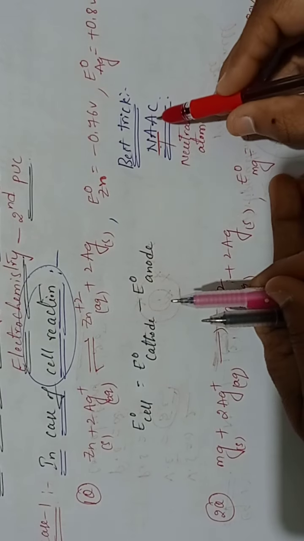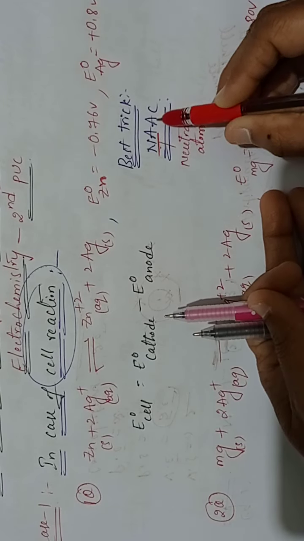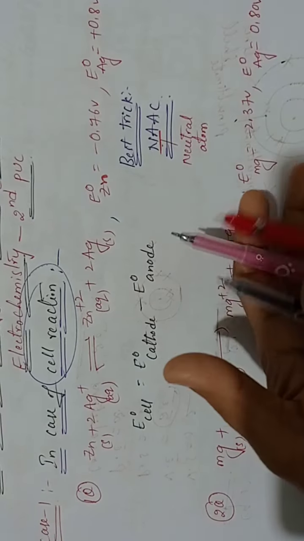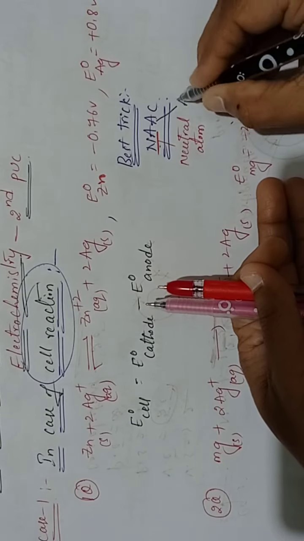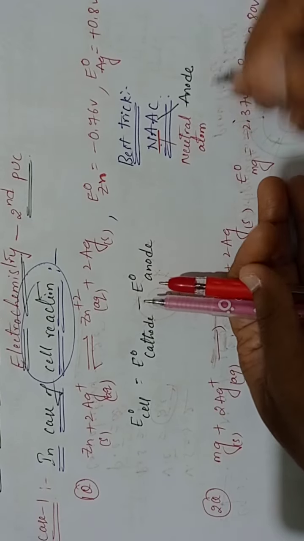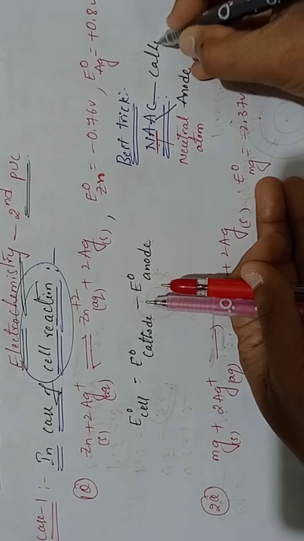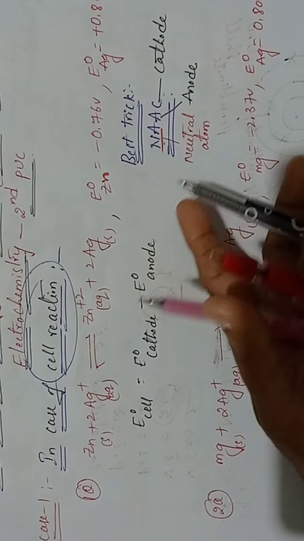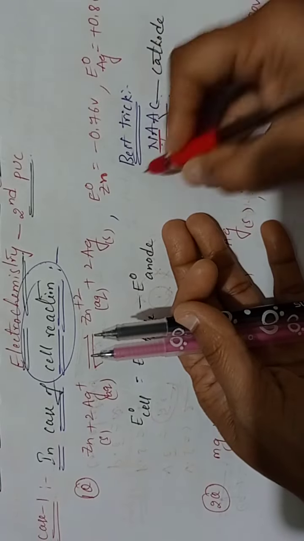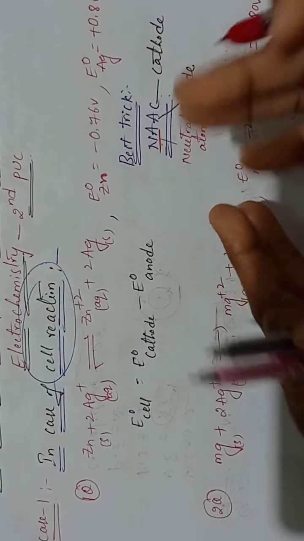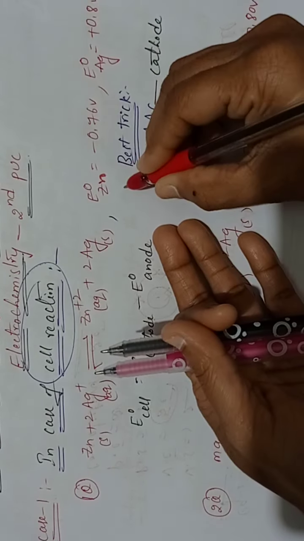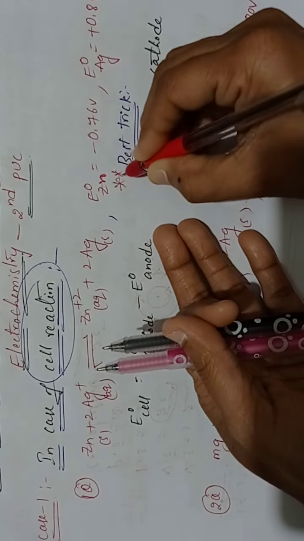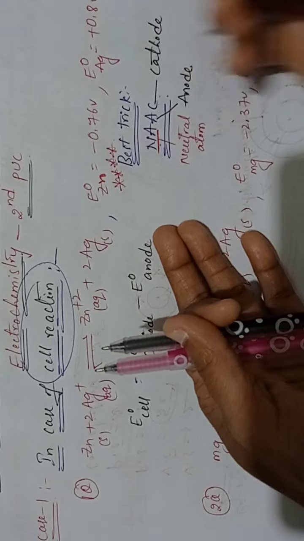Next, A indicates the anode and C indicates the cathode. This is the best trick you have to remember, students. Then you can easily solve the problems and calculate E° cell. This is a very important trick.